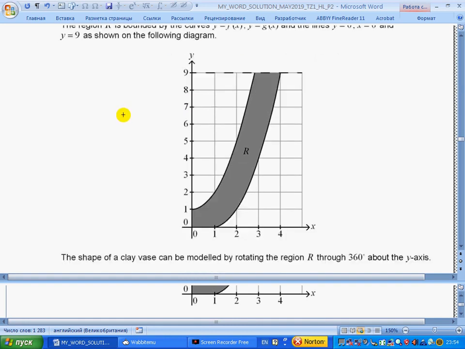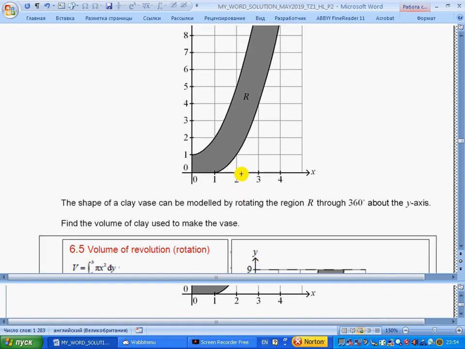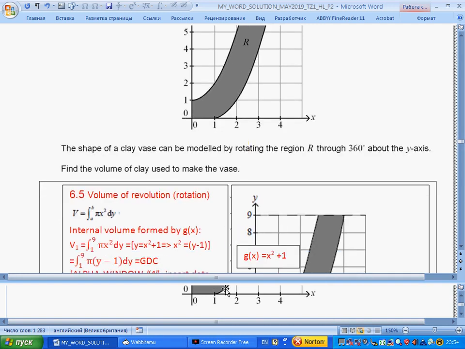The shape of the clay vase can be modeled by rotating the region R through 360 degrees about the y-axis. Find the volume of the clay used to make the vase.